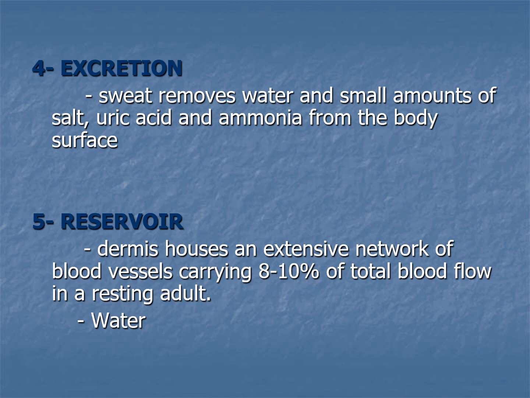So it is also a reservoir of water. In conditions of increased demand, the patient may get a dehydrated look because of the skin. If there is loss of water from the body, the skin gets shrunken.